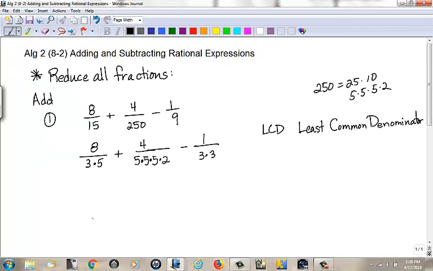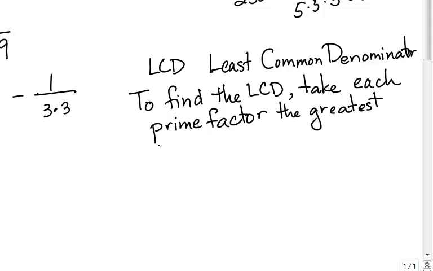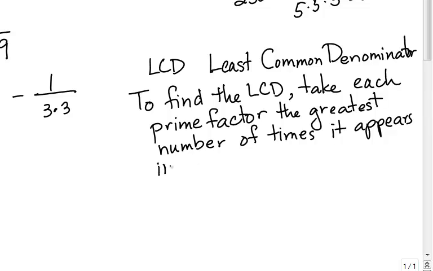Okay, and here's how I say it. To find the LCD, take each prime factor the greatest number of times it appears in any denominator.